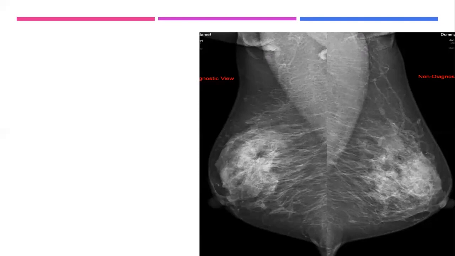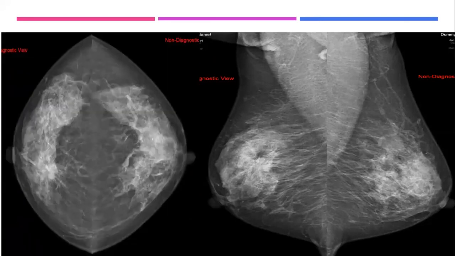Excellent, well done, Suhair. So now on the craniocaudal, yes, it seems to be a mass with spiculation, an excellent spiculated mass.